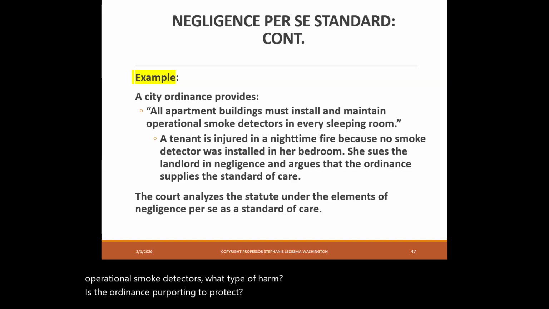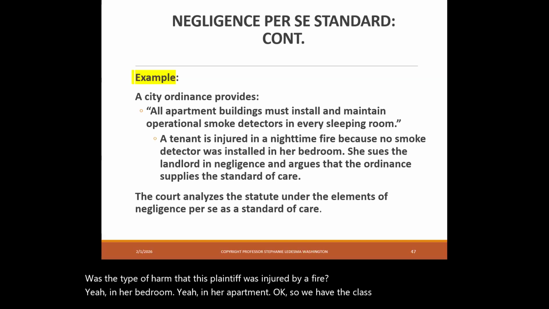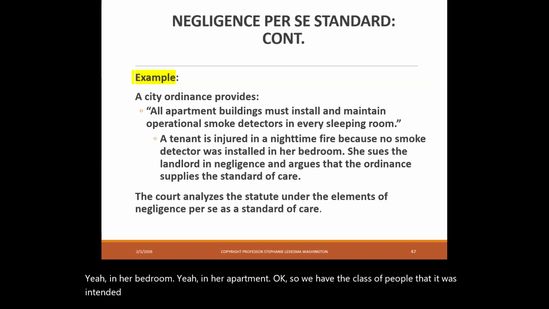Harm occurring in fires. Was the type of harm that this plaintiff was injured by a fire? Yeah. In her bedroom? Yeah. In her apartment? Okay. So we have the class of people it was intended to protect and the type of harm it was intended to address. Get it? Perfect.